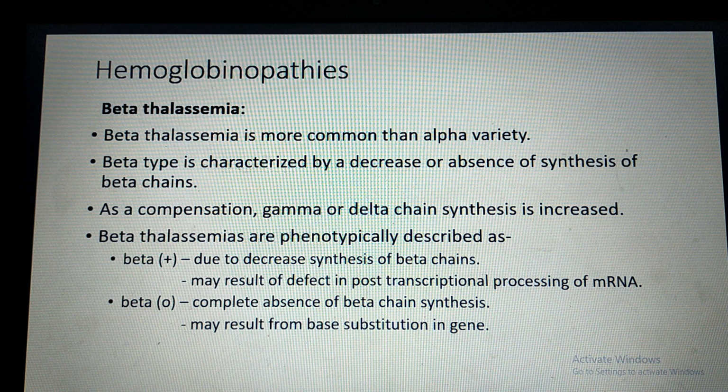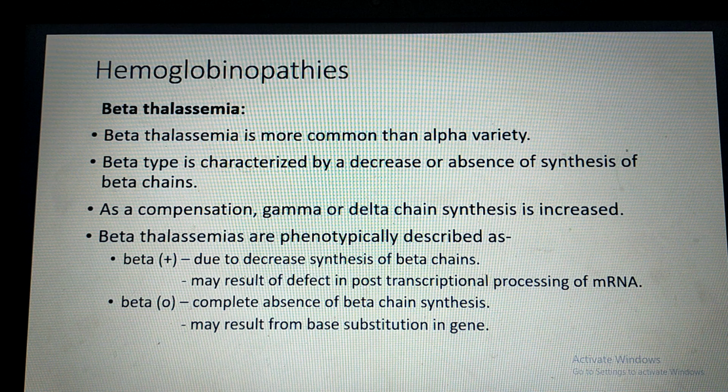Beta thalassemias are phenotypically described as beta plus and beta 0. Beta plus means beta chain synthesis is decreased due to defect in post-transcriptional processing of mRNA. Beta 0 means complete absence of beta chain synthesis, and this may be due to mutation in the gene due to substitution of one of the nucleotides.